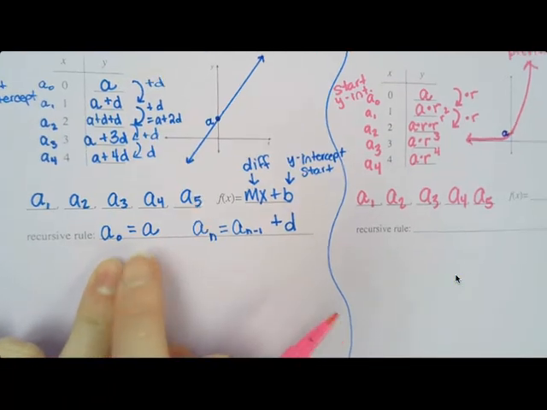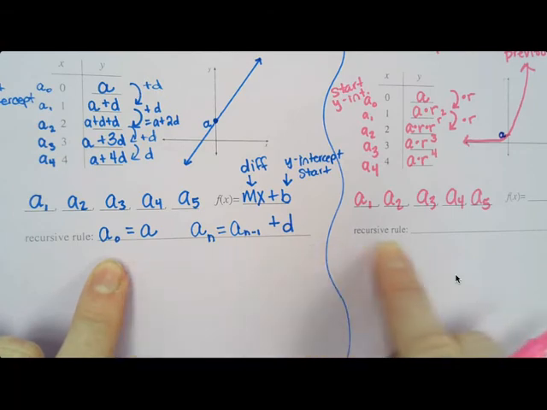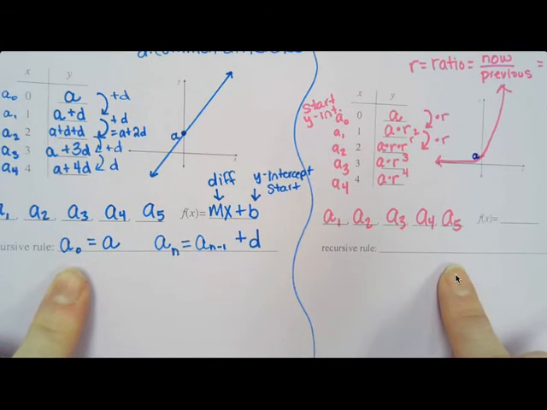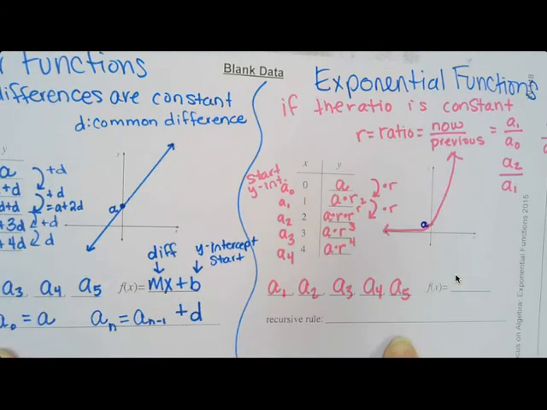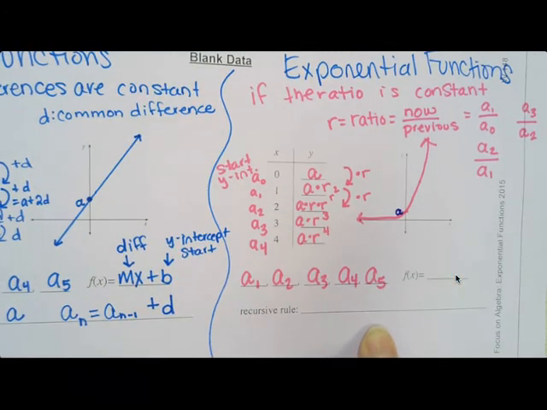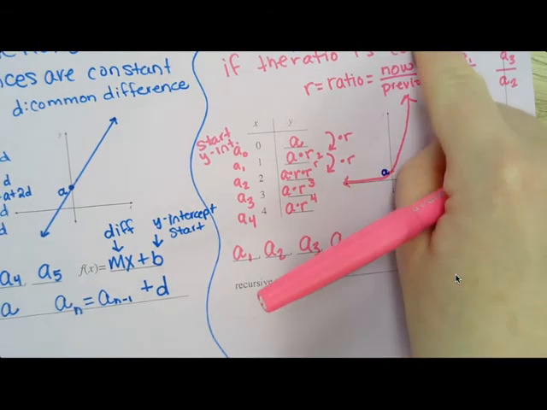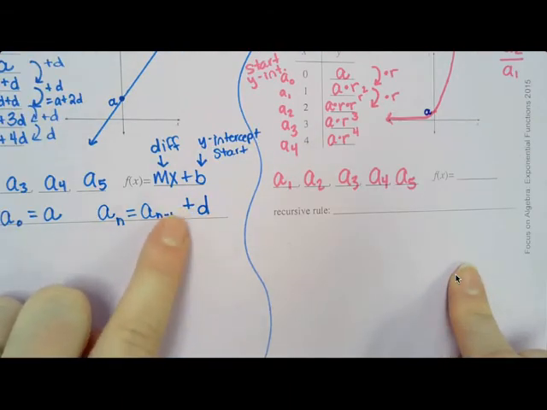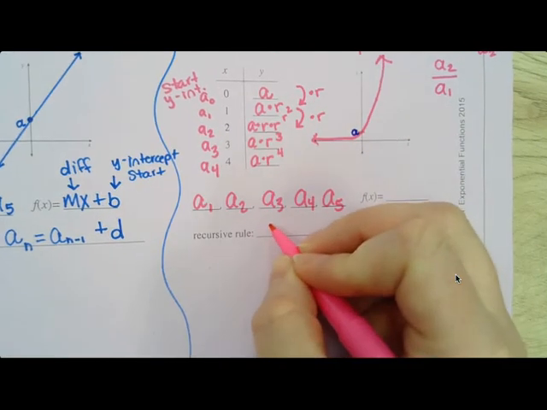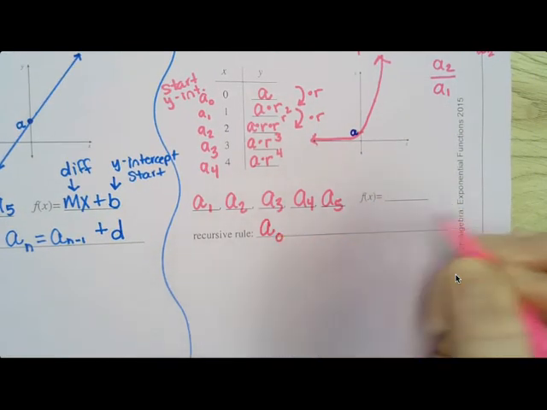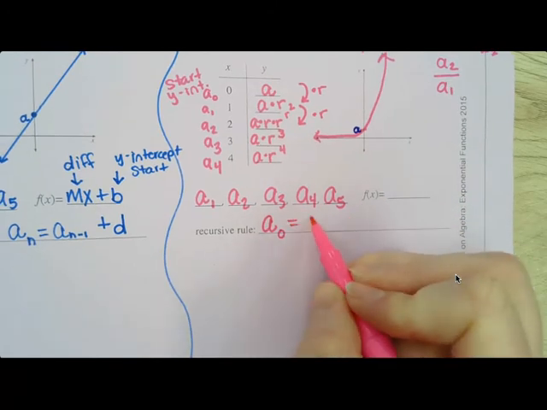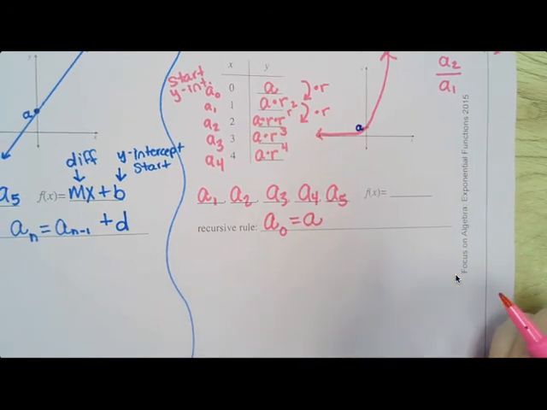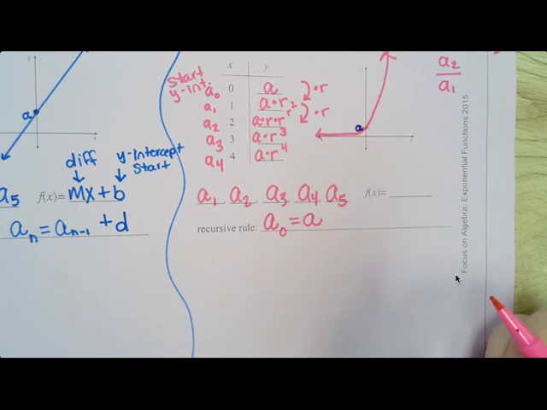But what's different about linear and exponential? This one's just going at a faster rate than linear. It shoots up faster. And also it's being multiplied. Instead of plus D, I'm going to do times rate. Linear is addition and subtraction, and exponential is multiplication and division. So A sub 0 equals A. That's your start.